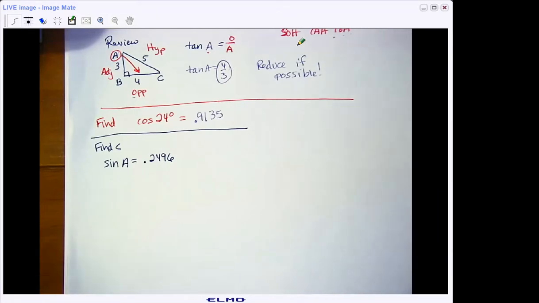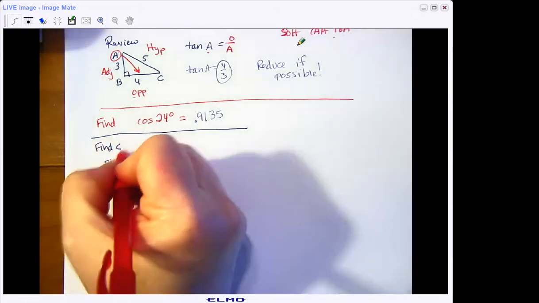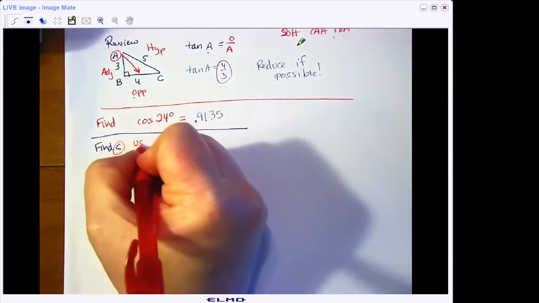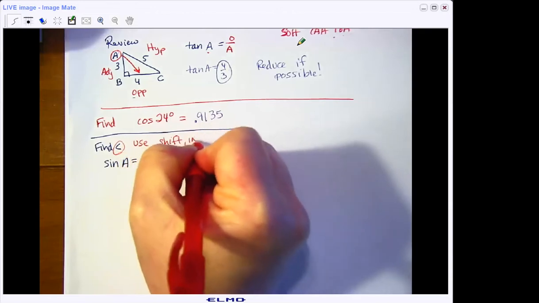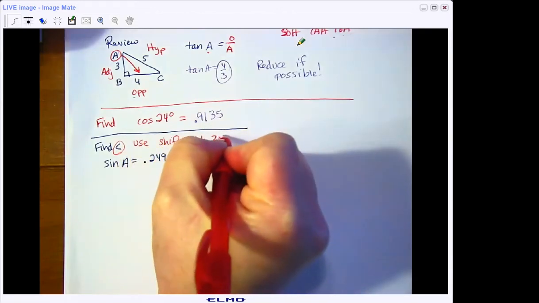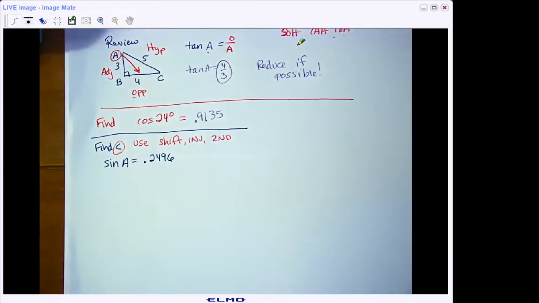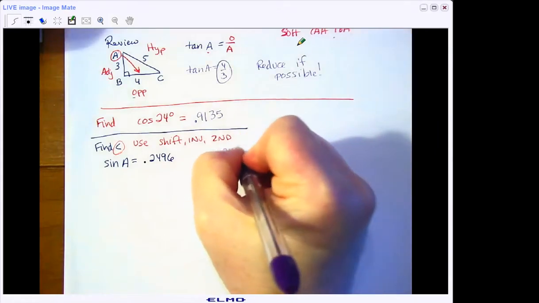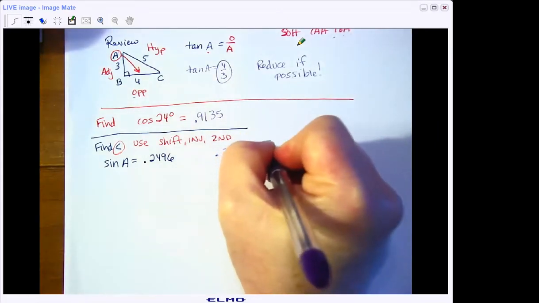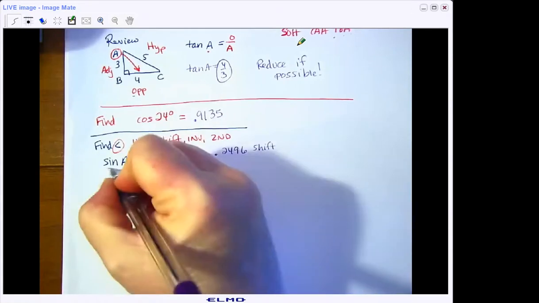So remember, when you're finding the angle, we need to use the shift, inverse, or second key. So we're going to put our decimal in, 0.2496, shift, and then sine.